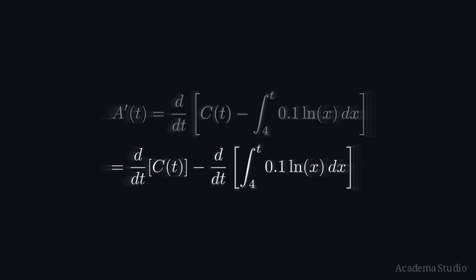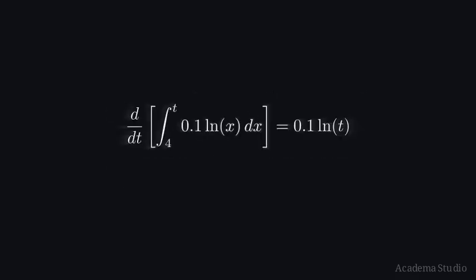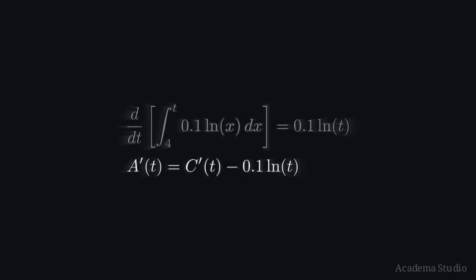So the derivative with respect to t of the integral from 4 to t of 0.1 natural log of x dx equals 0.1 natural log of t. So A prime of t equals C prime of t minus 0.1 natural log of t.